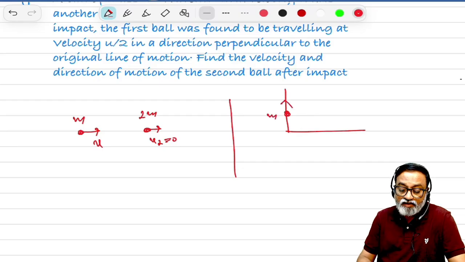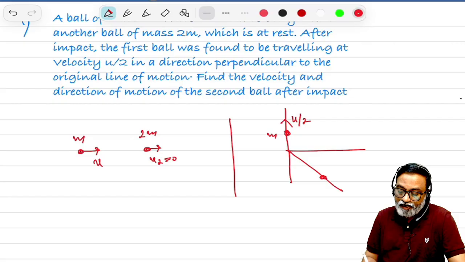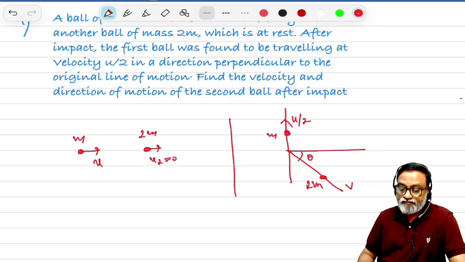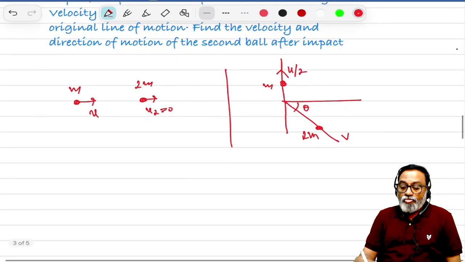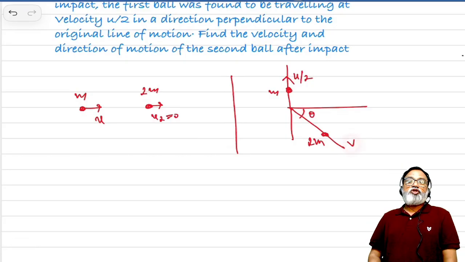This is mass m with velocity u by 2. The second body, mass 2m, its velocity is not known, that is v, and here is theta. Here we have to find out the velocity of the second body v and its direction of motion.